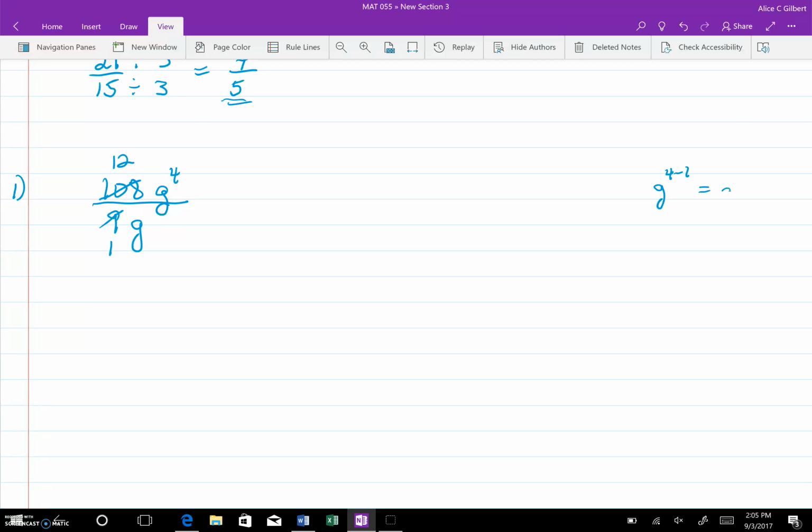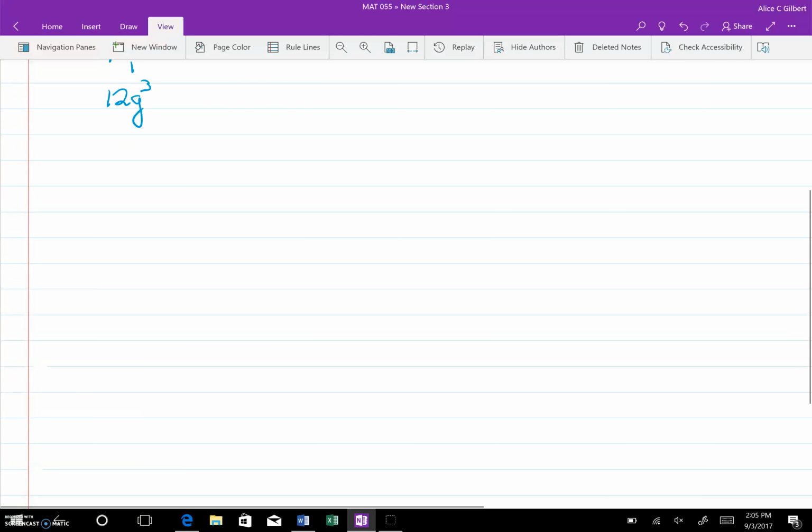If that exponent ends up being positive, it stays in the top. If it ends up being negative, it stays in the bottom. In other words, subtract the two exponents, and wherever it was bigger to begin with, that's where it stays. In this case, we're going to leave it in the numerator because that is the bigger number. So I can get rid of 1g here, and I'm left with 3 of them. So my final answer then is 12g to the 3rd over 1, which I don't write.